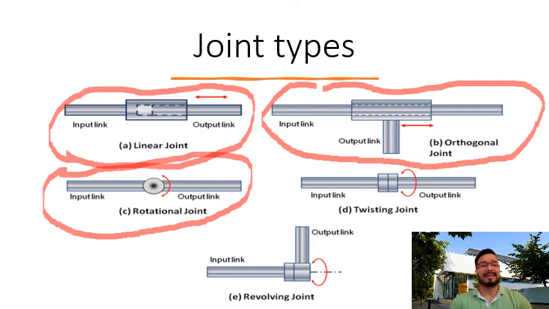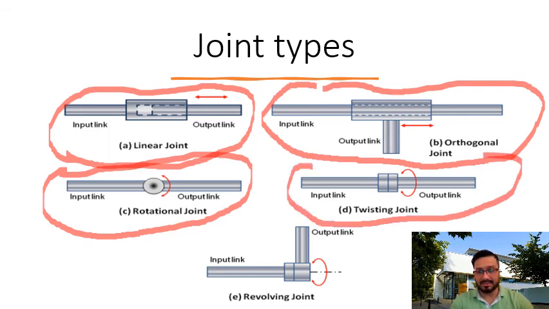Then we have the twisting joint, also called type capital T joint, and this joint also involves rotary motion, but the axis of rotation is parallel to the axis of the two links. And here we have the twisting joint.